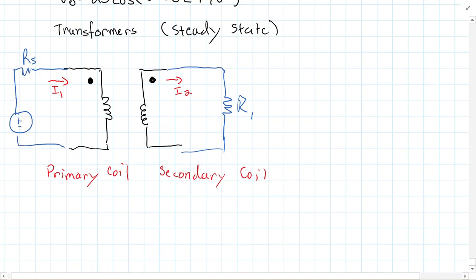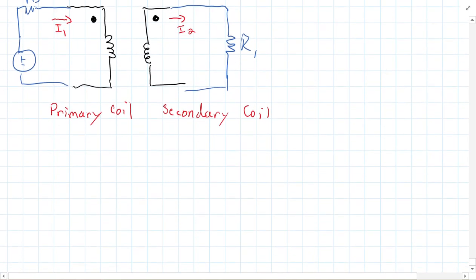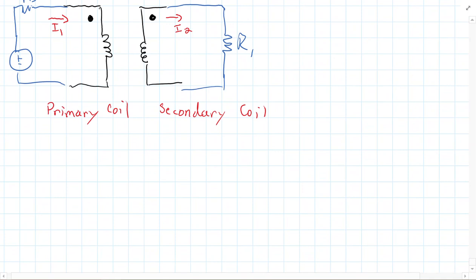So if you remember, what we wanted to do was write loops here. But remember, when we wrote these loops, we had to be careful of something called the dot convention. And I should put up here L1, L2.